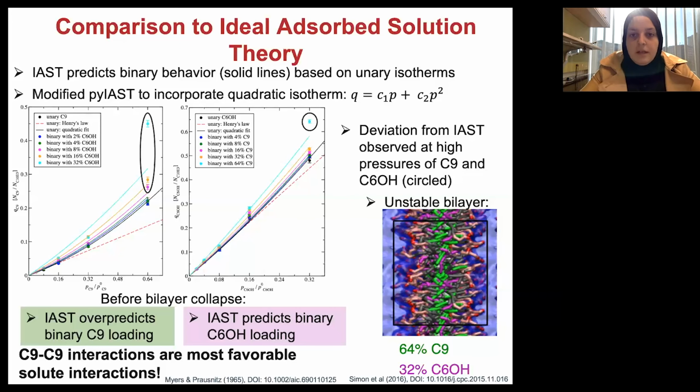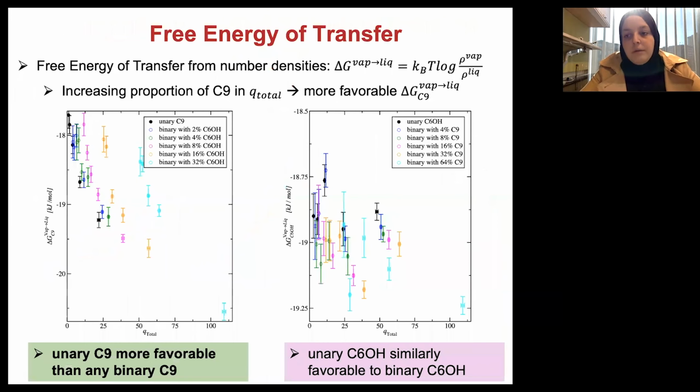And so we can look at that with IAST, but also we were able to obtain the free energy of transfer based on our density profiles. And the takeaway message here is for nonane in the unary system, for the same number of solutes, if we compare it to the binary, it's more favorable. And for hexanol, we don't really have a discernible trend.